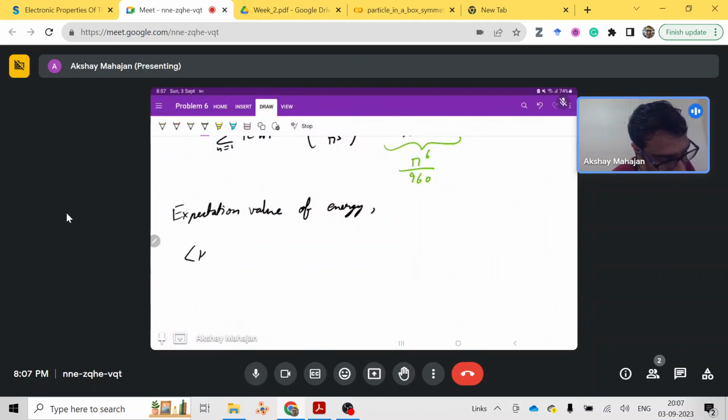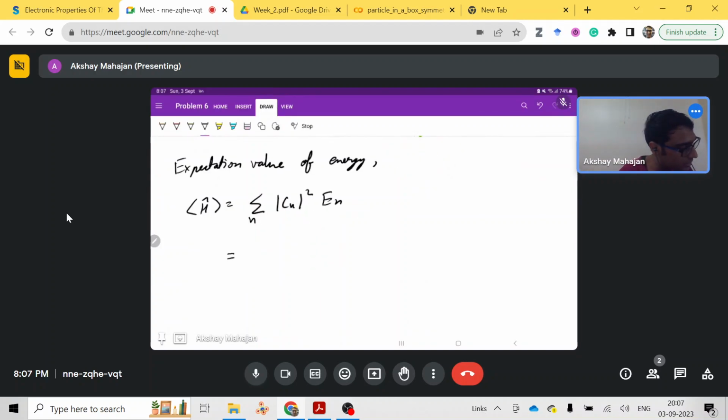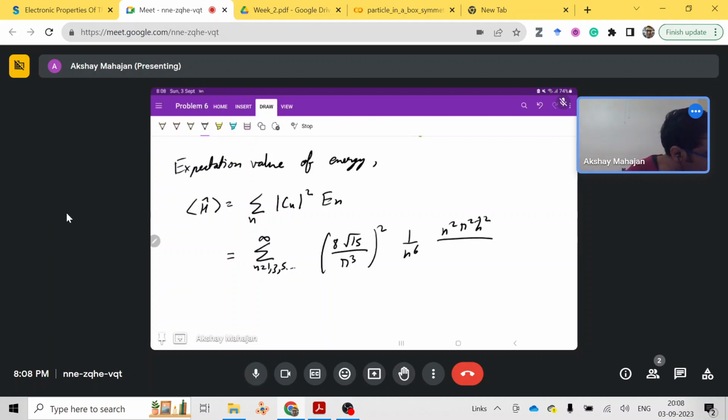So for the expectation value of H cap, we use the formula we have just derived, the summation over n of mod of Cn square times En, for n equals 1, 3, 5 and so on up to infinity. We have 8 under root of 15 divided by pi cubed, whole square, times 1 by n to the power 6, times n square pi square h bar square by 2 m e square.